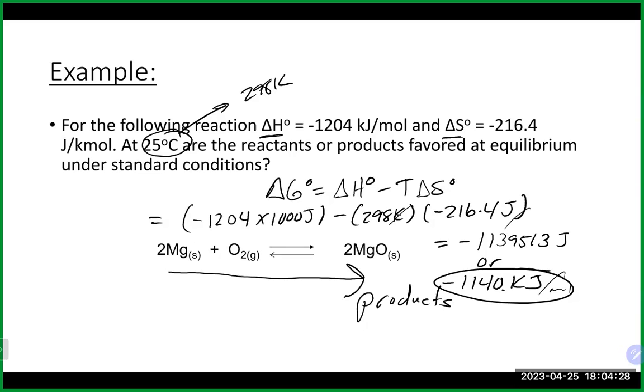If you want to leave it in kilojoules per mole, which it is still sort of there at that point. The moles go away when we do products minus reactants and we multiply by the coefficient. That takes care of the moles. So sometimes the units maybe don't cancel out perfectly, but this technically would still be kilojoules per mole. But if you left in just kilojoules, you'd be okay for me. Other questions?